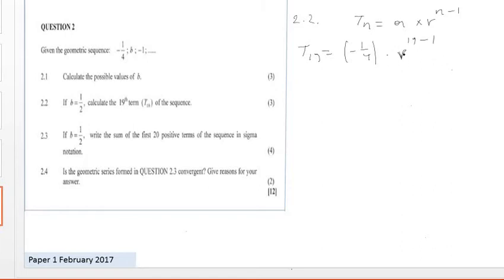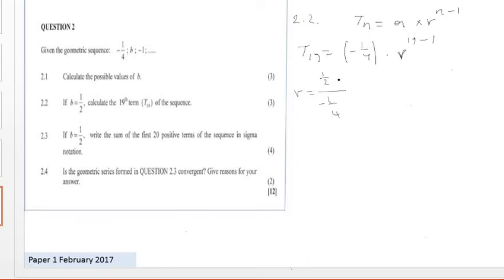So now how can we determine the common ratio? We have the first term and the second term. The second term is 1 over 2. We know that to determine the common ratio, we take the second term divided by the first term. So I'm going to say r is equal to the second term, which is b, b is half, divided by the first term, which is negative 1 over 4.